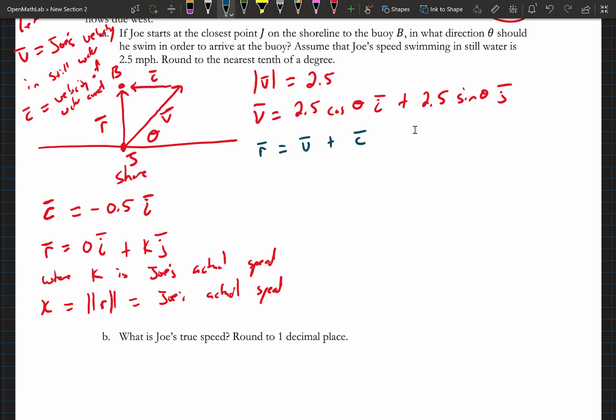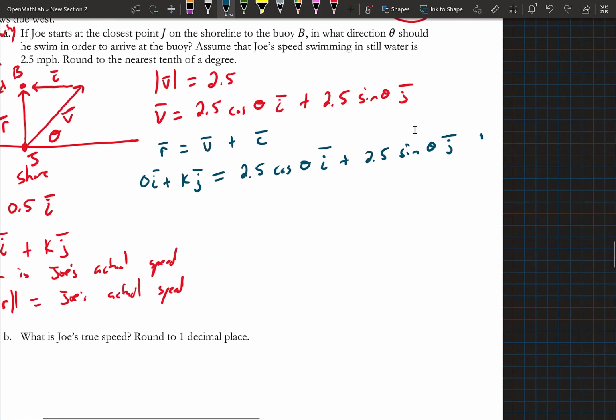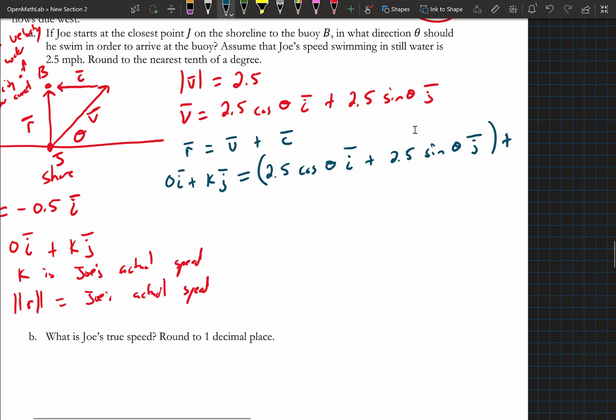So if I plug in the parts that I know, the vector R is 0I plus kj equals, and then vector v is 2.5 cosine theta times I plus 2.5 sine theta times vector j, and then plus vector c, which is negative 0.5 times vector I.